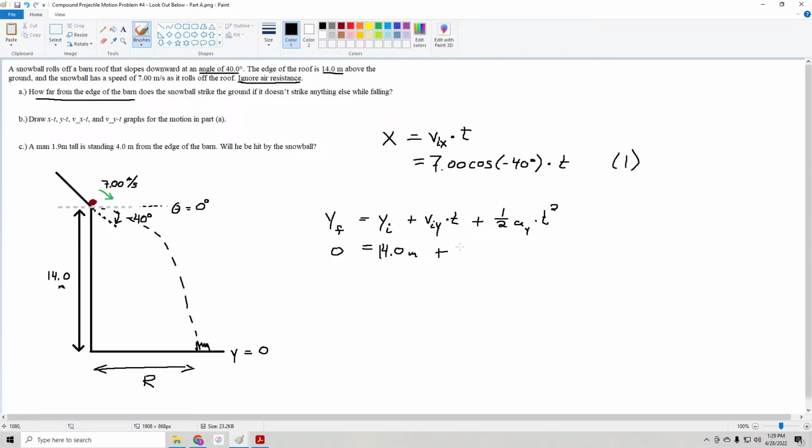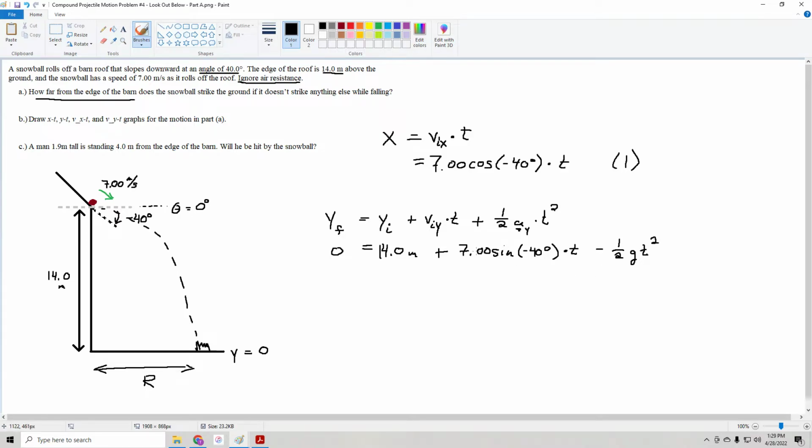The initial velocity we said was 7.00 meters per second, but we're taking the y component, so it's actually the sine of negative 40 degrees multiplied by time. And we can say that, the last part, the only acceleration experienced in the y direction is due to gravity. And we know that gravity is negative 9.8 meters per second squared. So I tend to write that as negative 1/2 g t squared.